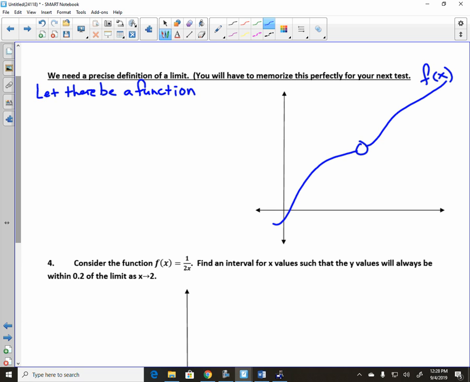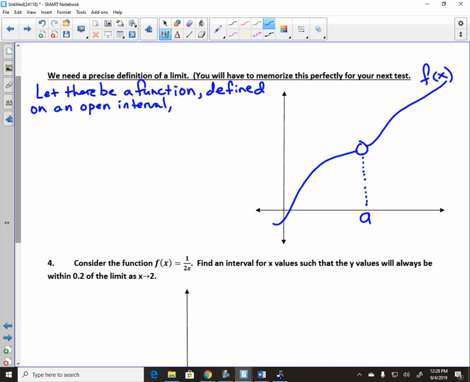Let there be a function defined on an open interval. Can the limit exist even if you have an open circle? Yes.